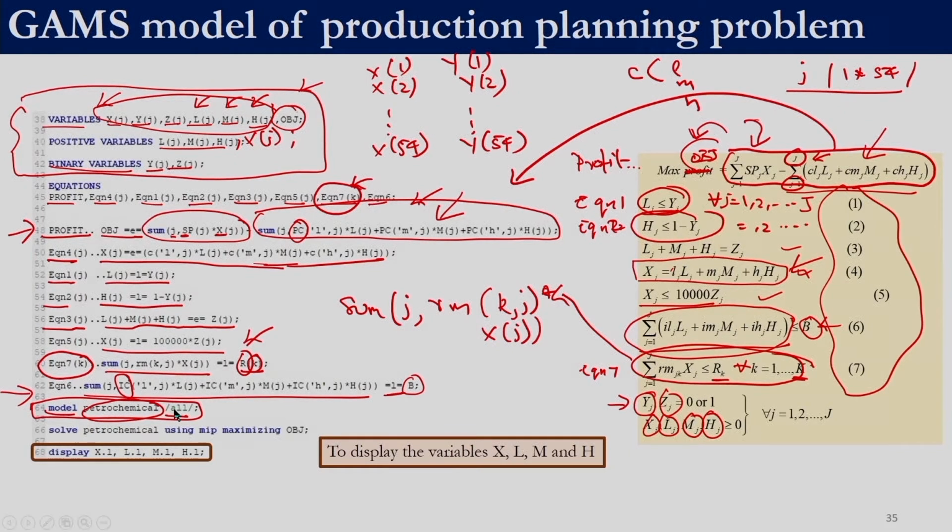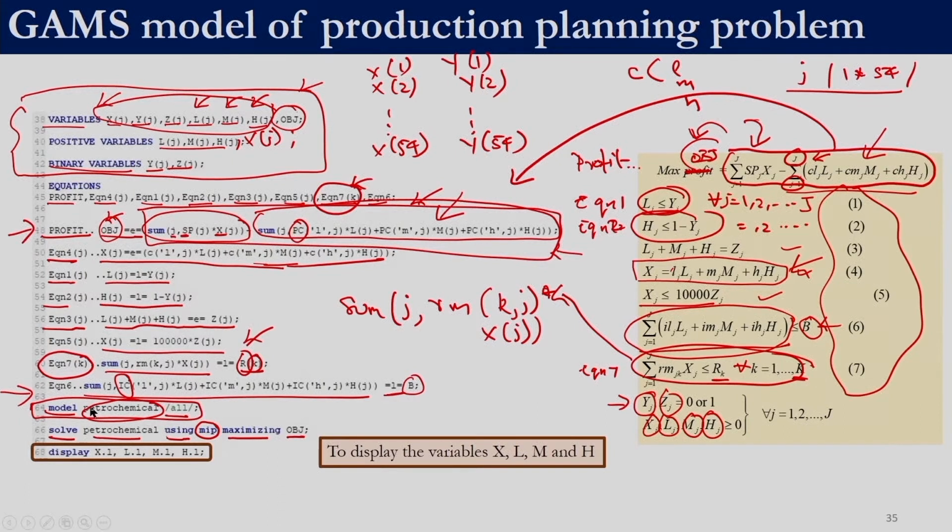Once we have constructed the model, in this case we know it is a mixed integer linear programming problem. In GAMS, as we discussed earlier, mixed integer linear programming is denoted by MIP. So here we have solve, the name of the model petrochemical, using the default solver of mixed integer programming while maximizing the variable obj. When we maximize the variable obj, we are basically maximizing this expression, which is nothing but the profit.